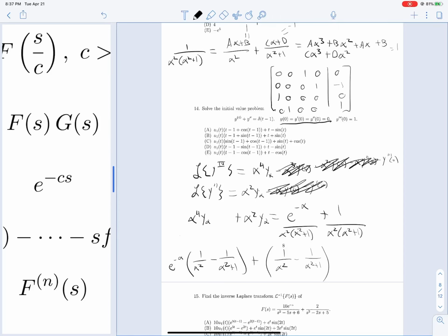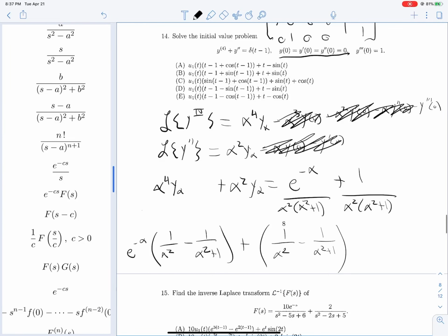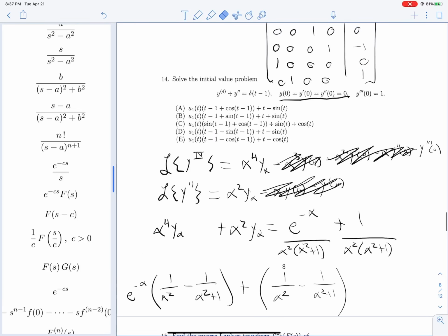Okay, we can do the rest of this in our heads, or at least if you have a good enough idea of what's going on in this sheet, you can. So this inverse Laplace transform, 1 over alpha squared will just be t, and then we're subtracting sine t.